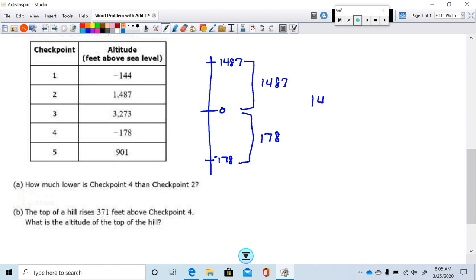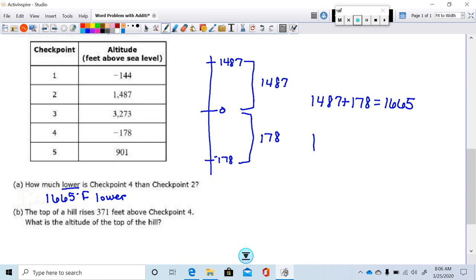So 1487 plus 178 is 1,665. Okay, so it is 1,665 degrees Fahrenheit lower. I use the same wording that they used.